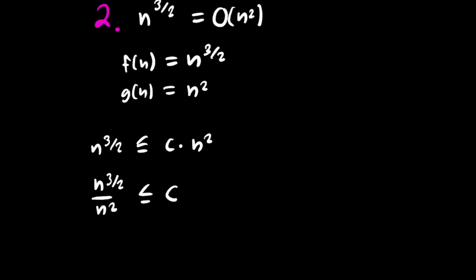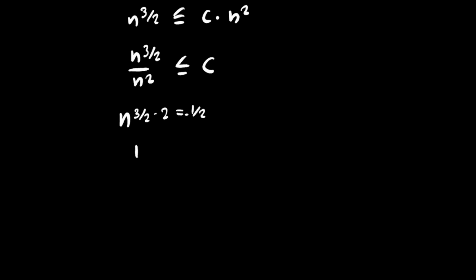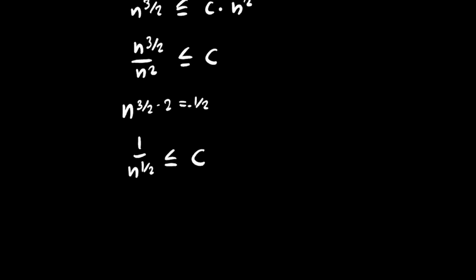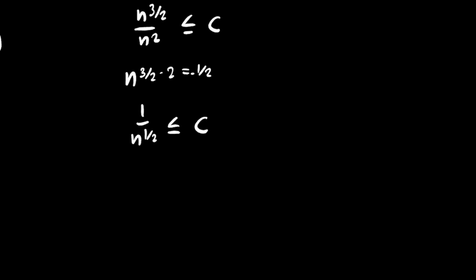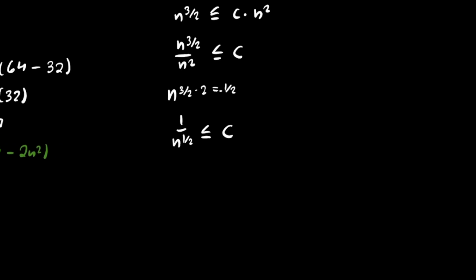This is basically just 3/2 minus 2, which is going to be minus 1/2. So we're going to have 1 over n to the 1/2 less than or equal to c. From there, you can simply see that this is going to hold.